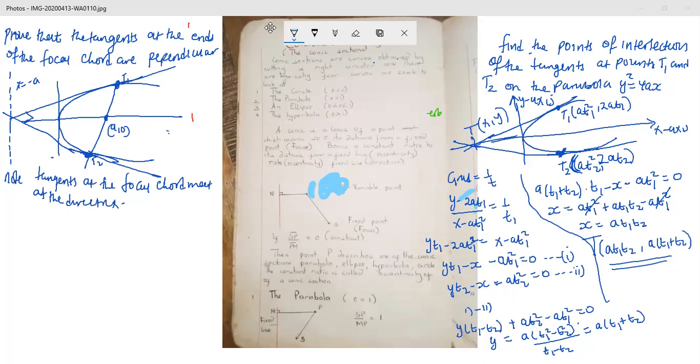One of the principles there is that they meet at the directrix, which is x equals negative a. When they meet, we shall have a t1 t2 and a(t1 + t2). That's the point where they meet, as we have seen earlier.